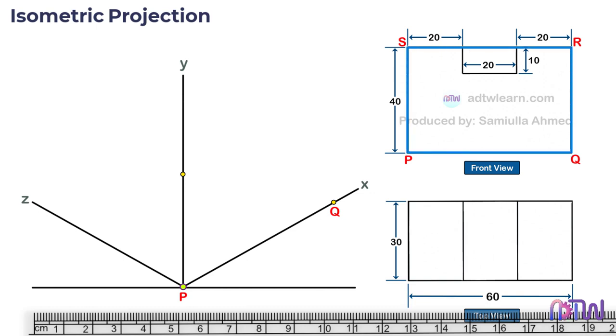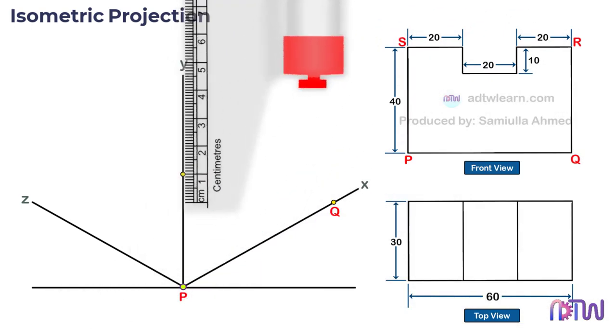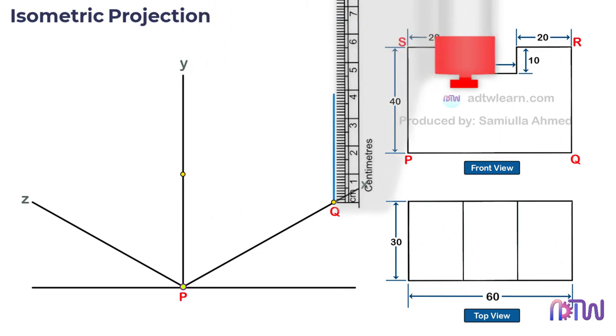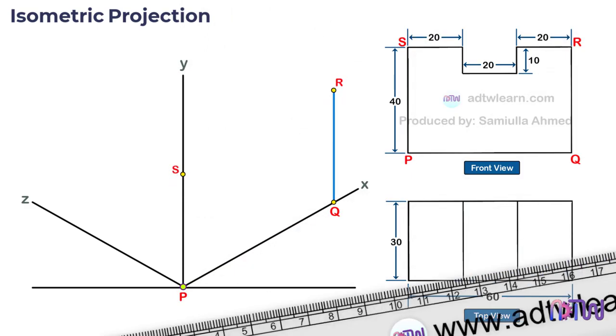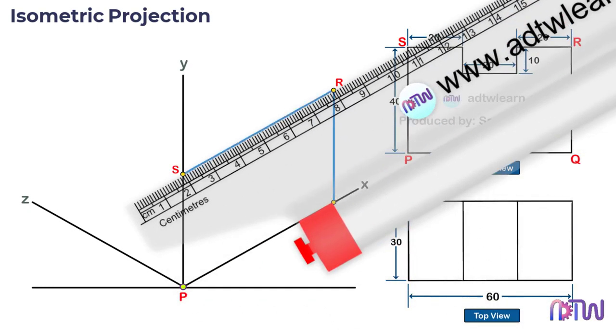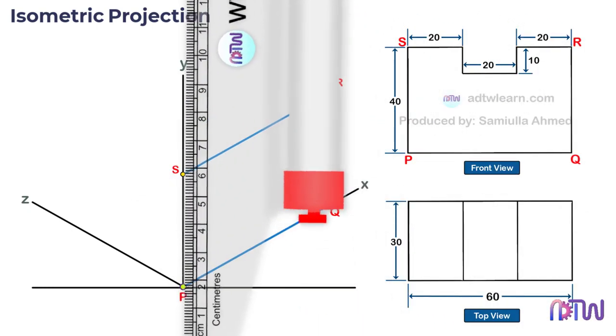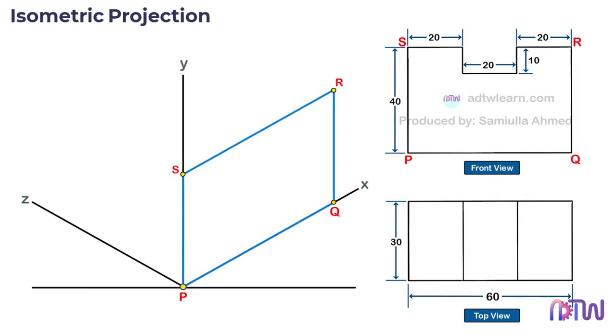Therefore, using the roller scale and taking this vertical line as a reference, draw a 40 millimeters vertical line from this point Q. After this, using the x-axis as a reference, join these points. This is only the outline of the front view on an xy plane.